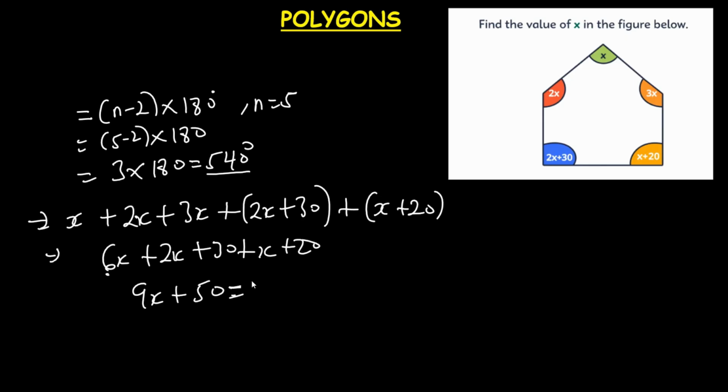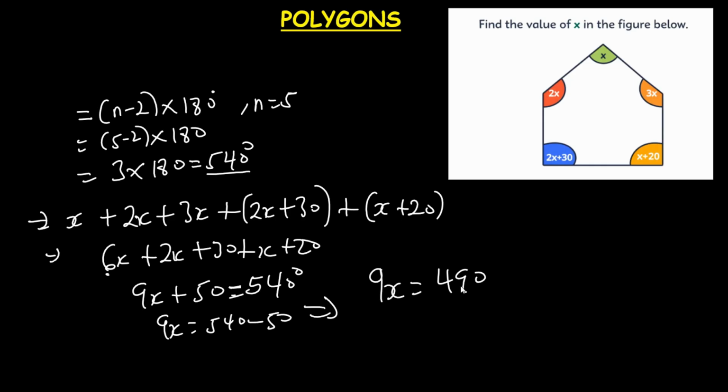So we're going to write 540 degrees here. Now we're going to have 9x equals 540 minus 50. So 9x is equal to 490. We're going to divide here by 9, and also here by 9, which is going to give us 54.4 degrees. So this is how you find the value of x in this polygon below.